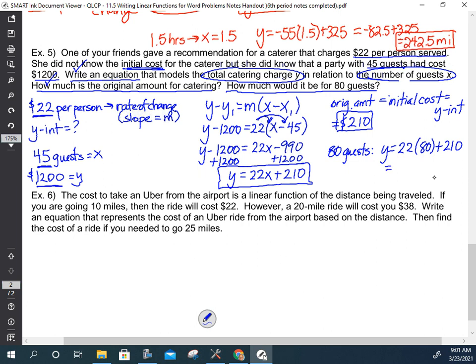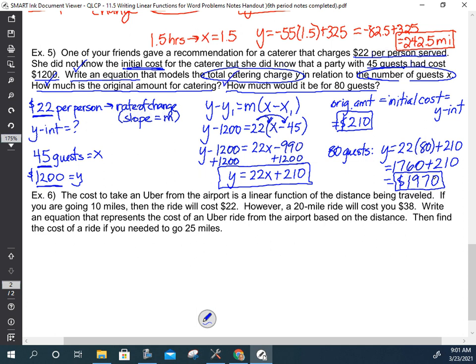Let the calculator do some work. 22 times 80 is 1760. 1760 plus 210 gives you $1,970. So it will cost nearly $2,000 to serve 80 guests.